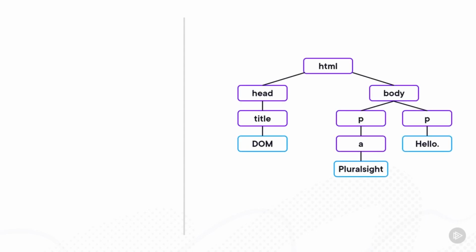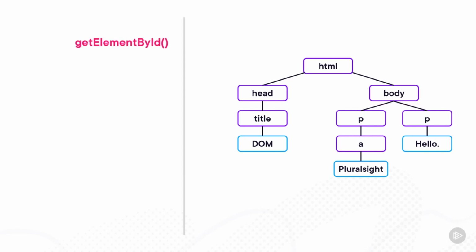Let's start with looking at several ways to access a DOM element. So here's our tree structure again. We have HTML, we have head, we have body, and in the body part of the HTML document, we now have two paragraphs that will become important in a minute.